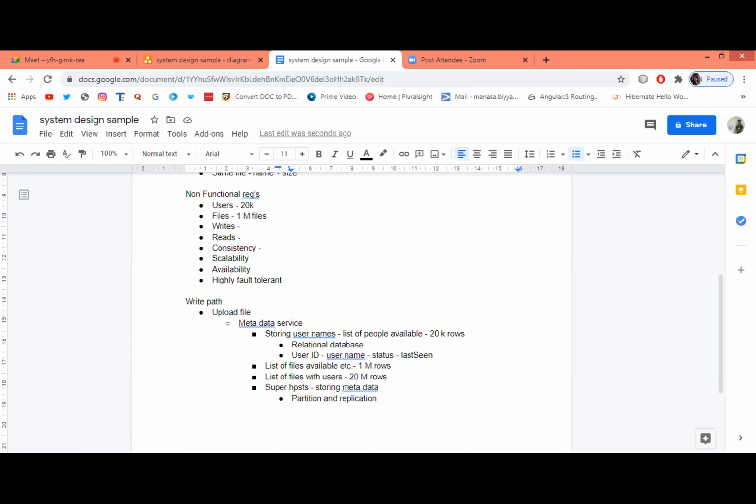We need some discovery service which will tell the application that there are other servers available in the system which can help in reading and writing. So how does that bootstrapping work?